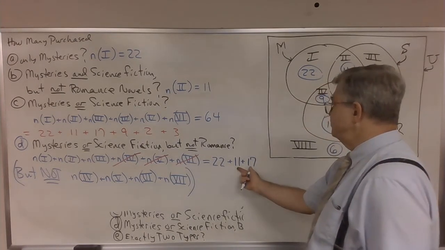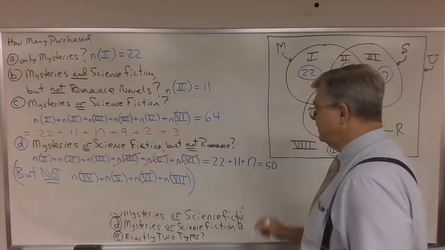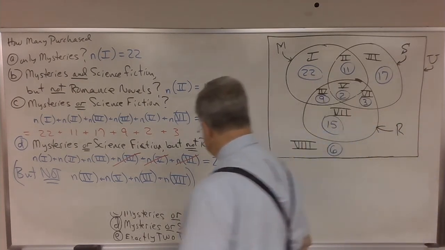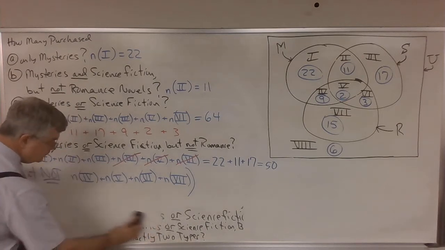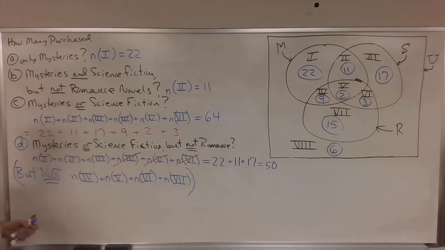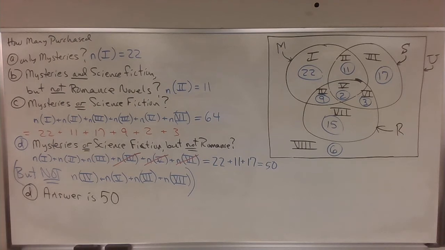So let's see, this is 28 plus 22 is 50. Okay. So 50 is the answer for part D.